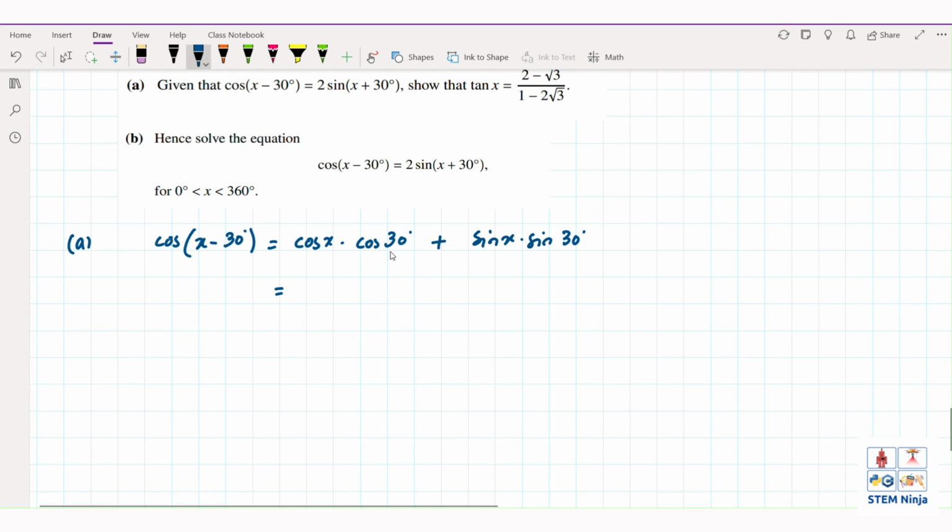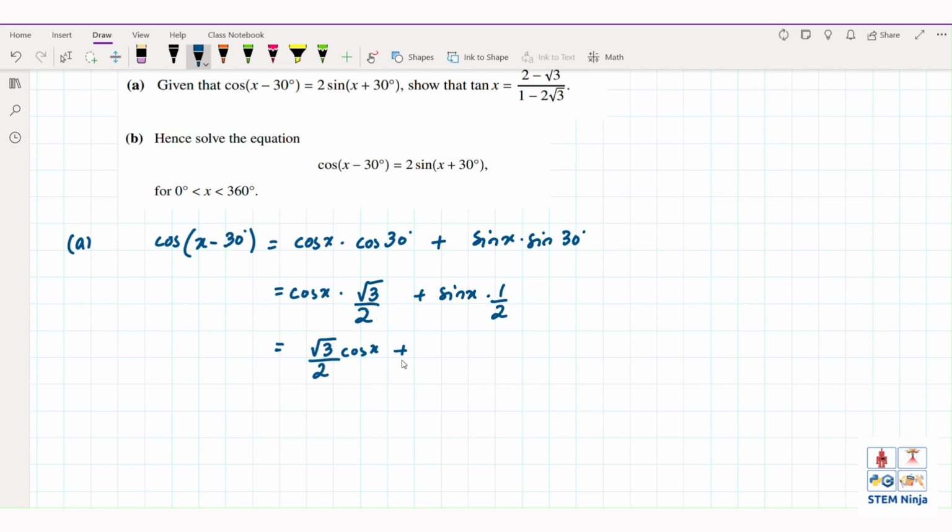Now cos of 30 is root 3 by 2, plus sine of x, sine of 30 is 1 over 2. So this simplifies to root 3 over 2 cos of x plus 1 over 2 sine of x.